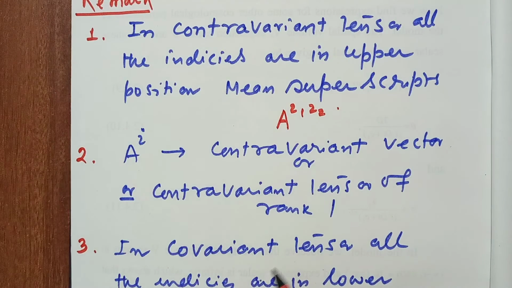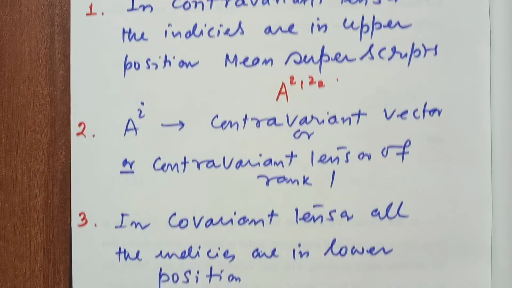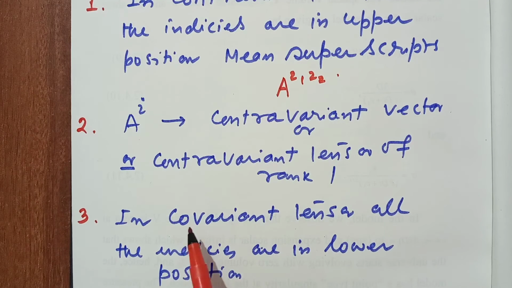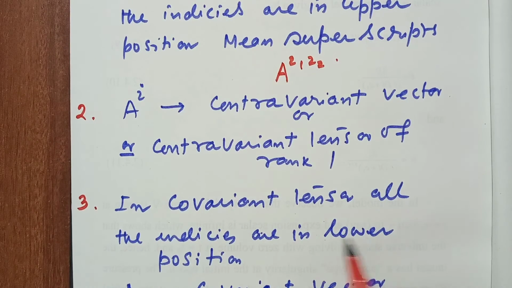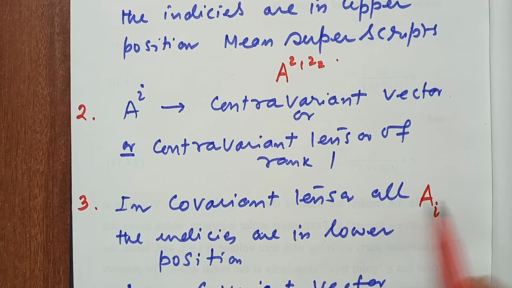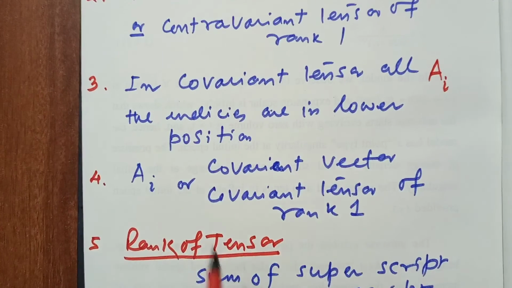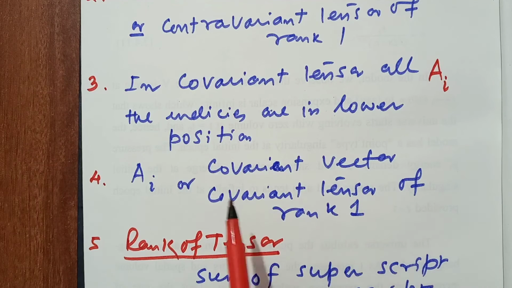Okay, so in terms of rank, we use contravariant tensor of rank 1. Now next, in similar fashion, in case of covariant, so covariant vector or covariant tensor, if a_i has only one index in lower position, then this is called covariant tensor of rank 1, or covariant vector. Okay, so this is the same position for covariant.